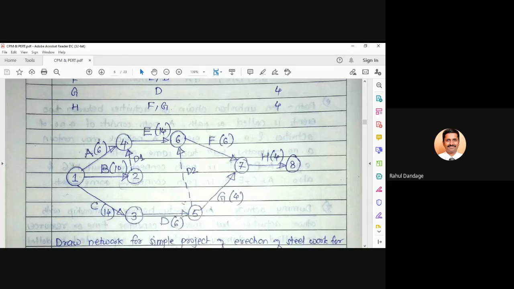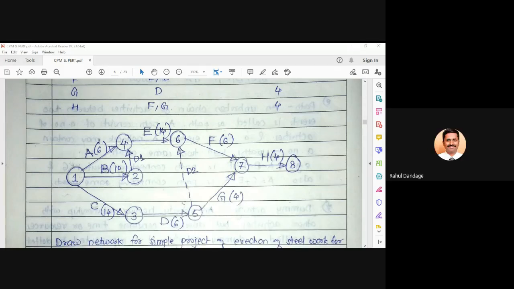Yesterday we have seen two types of network diagrams. One is AOA and the second is AON. So is this AON or AOA? AON, what is the long form? Activity on node.